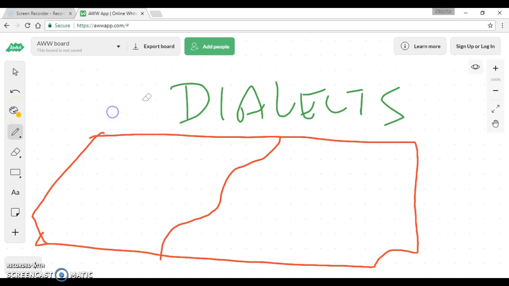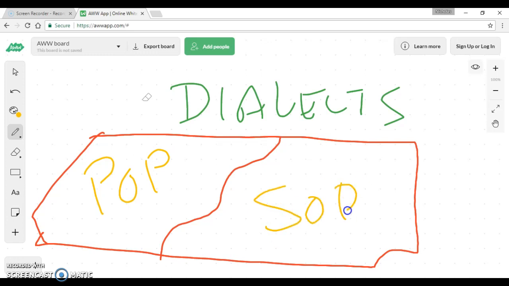And we talked about the example of, this is pop over here, and this is soda over here. And somewhere along this border of the Appalachian Mountains, we have an isogloss. We have a language border along these particular words. They're both English, but they are different dialects.